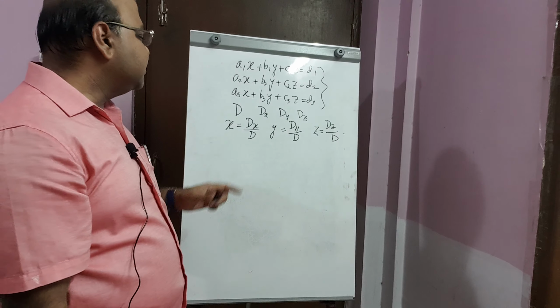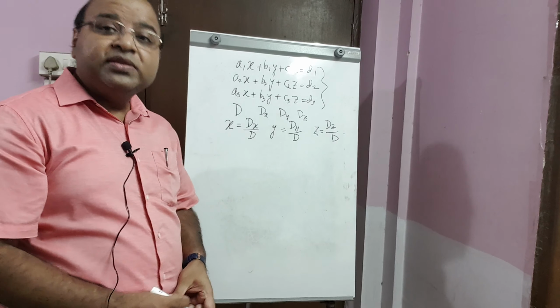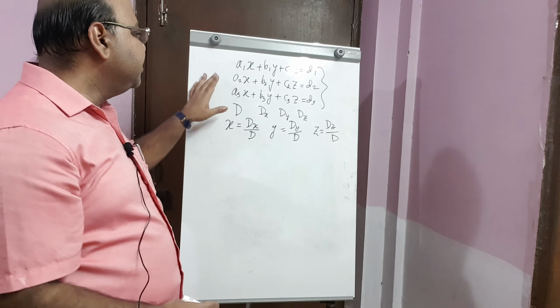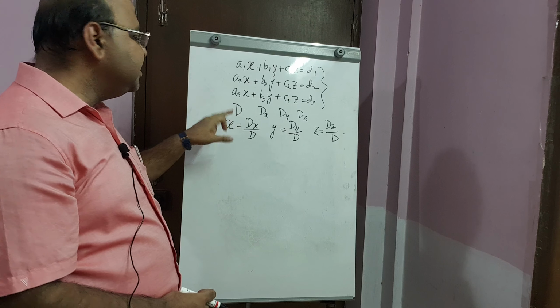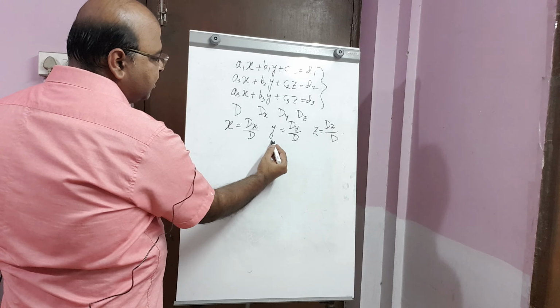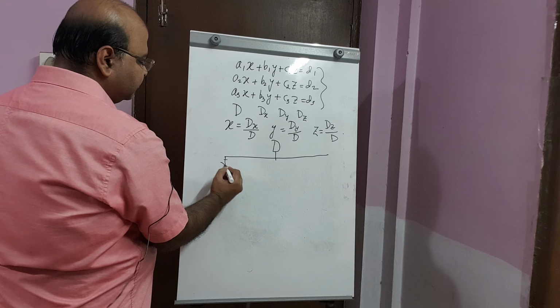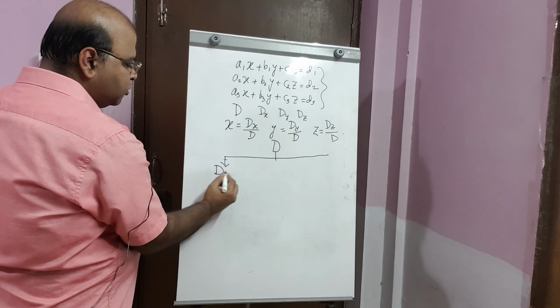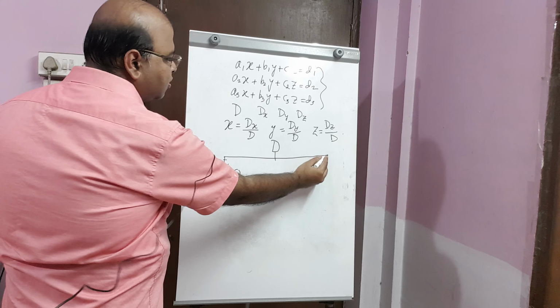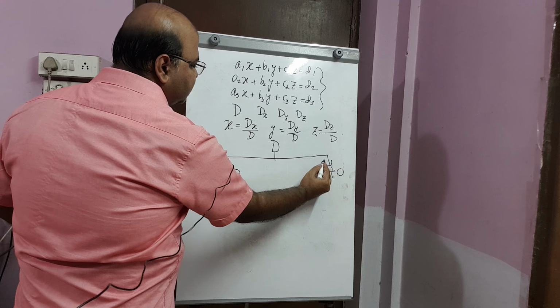Now let us discuss the conditions under which such a system shall be consistent or may become inconsistent. For that, first we have to find the coefficient determinant D itself. If we find the value of D, two cases may occur: either D becomes equal to 0 or D is not equal to 0.